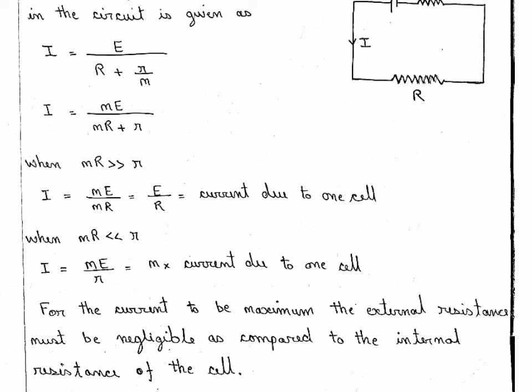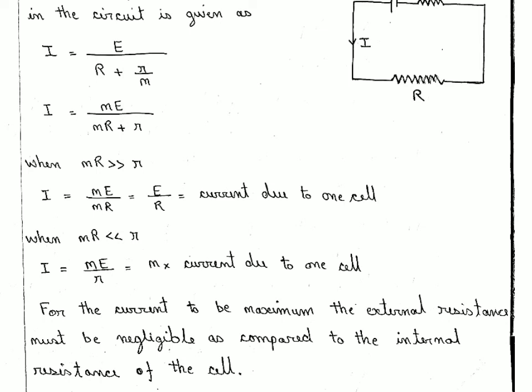And the next case is when the external resistance is very small as compared to the internal resistance, and in that case we'll have to neglect mR, and when we neglect mR, your I will be equal to mE divided by r. And again here E by r will give you the current due to one cell. So here the current is equal to m times the current due to one cell.